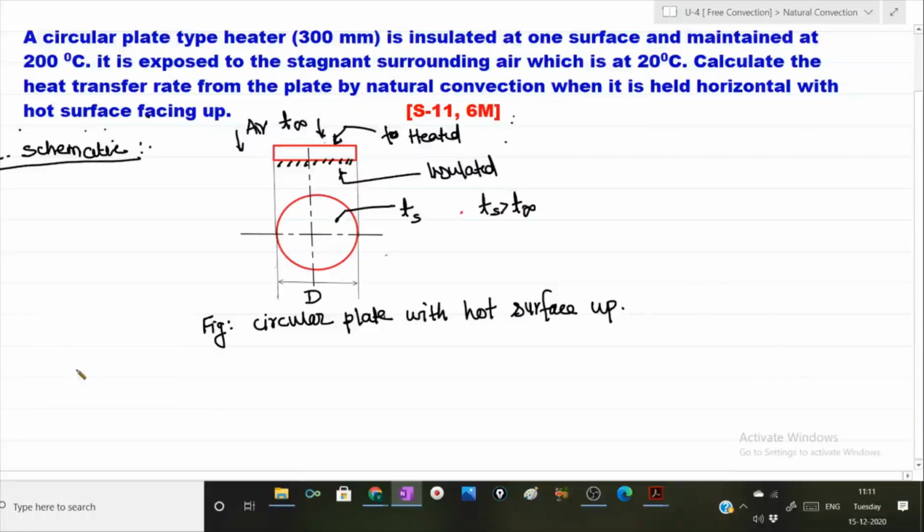After drawing the required schematic, let us enlist all the given parameters. So if you go through the problem, the very first parameter given to you is diameter of this circular plate heater is 300 mm. This will be 0.3 meter.